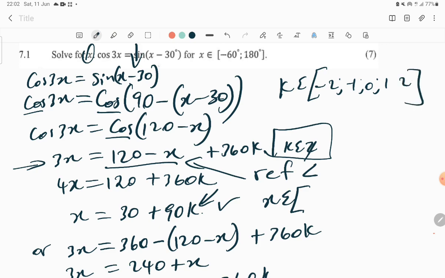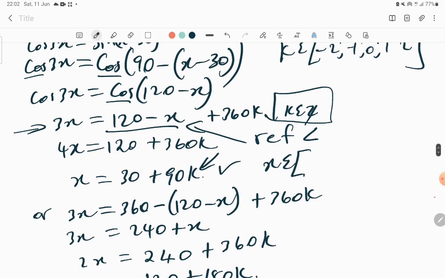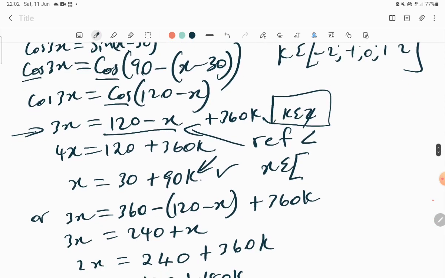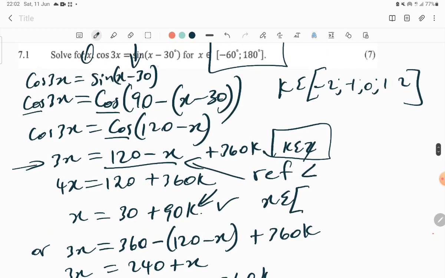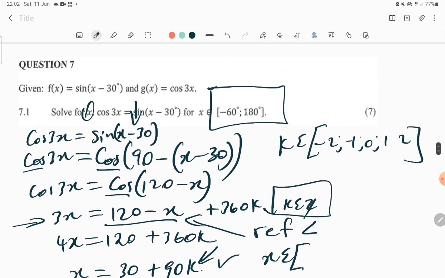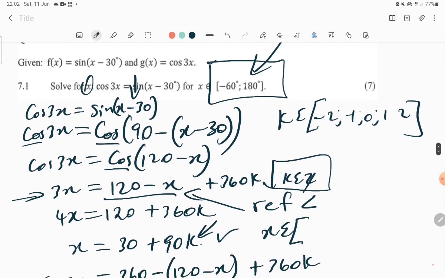So these are the values that are possible to be used to find these actual values that are found in this interval that is given. So we are going to use our general solutions to find the actual values of x that are within this interval given over there.